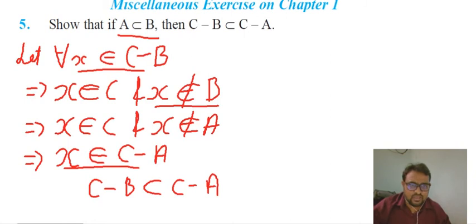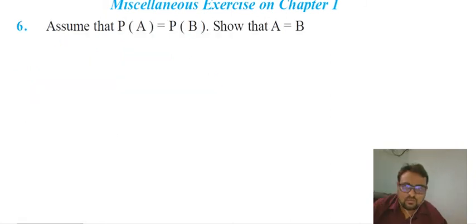Now let's move to the next one. Question number 6 is: if the power set of A is equal to the power set of B, then show that A is equal to B. First, what is a power set? A power set is a set consisting of all the subsets.